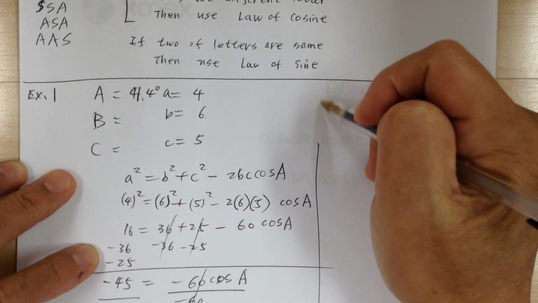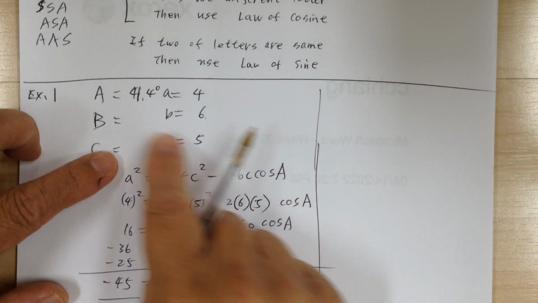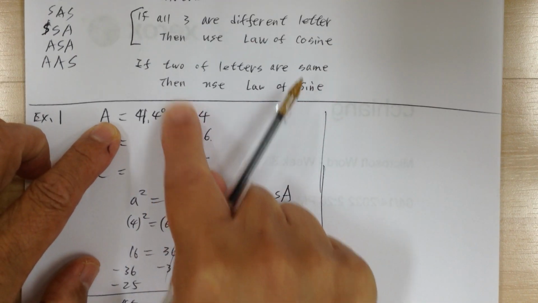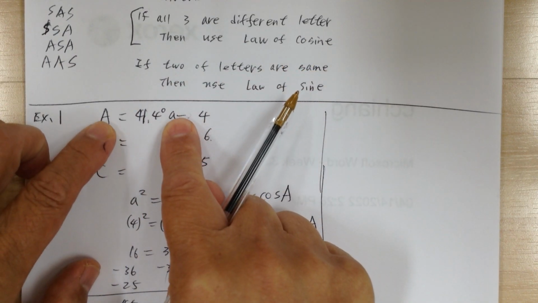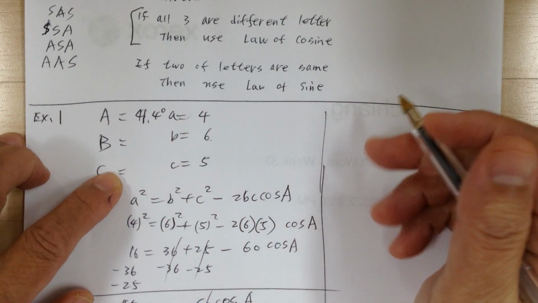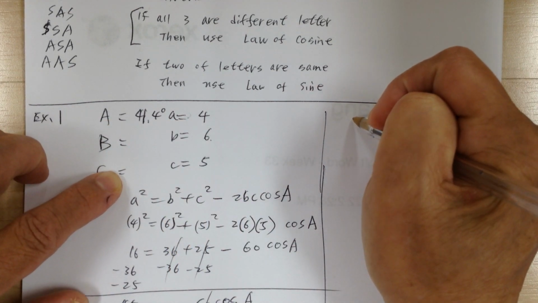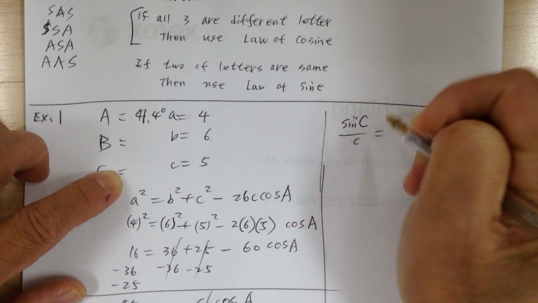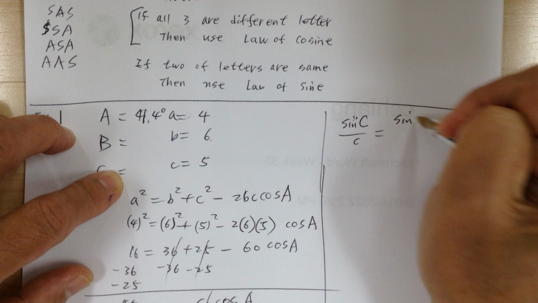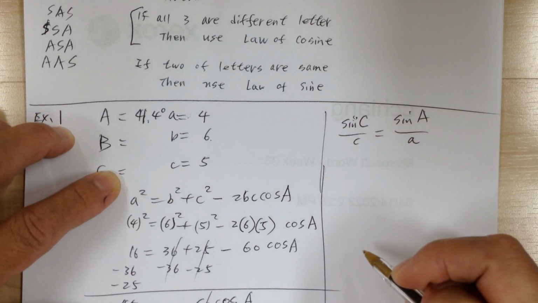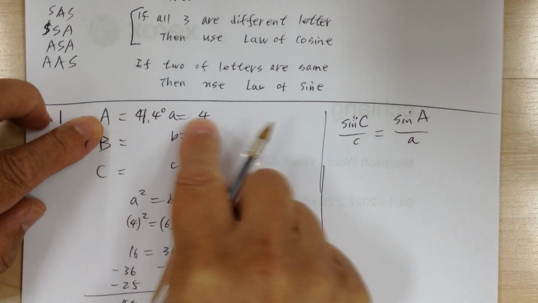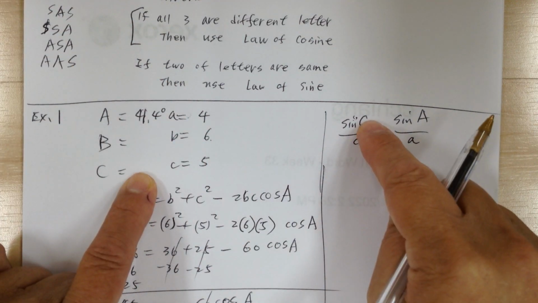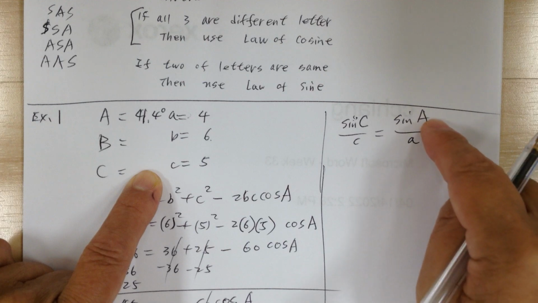That's fine. Now notice you have two of the same letter, right? If you have two of the same letters, use the law of sine. You're looking for angle C, so you want to use a C formula: sine C over c equals sine A over a. You have to use A because now you know A. Whatever you're looking for, that's what you write first, and you have to use what you know.